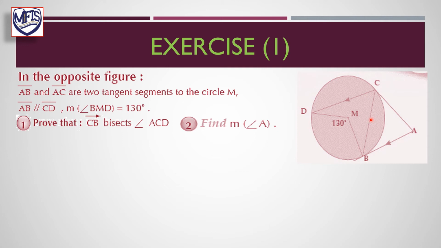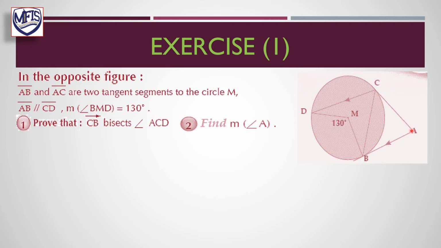Now I have the measure of angle BCD. If I can find the value of angle ACB and it also equals 65 degrees, then CB bisects angle ACD. How to find the value of this angle?